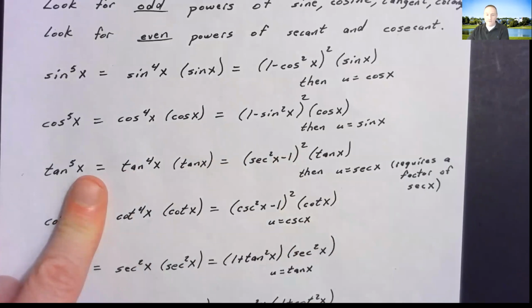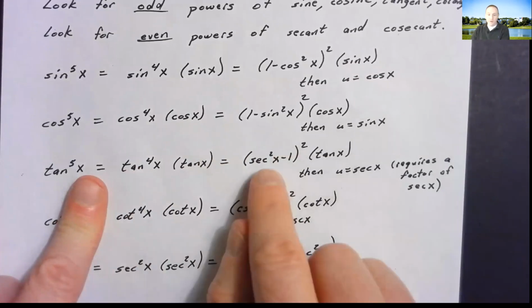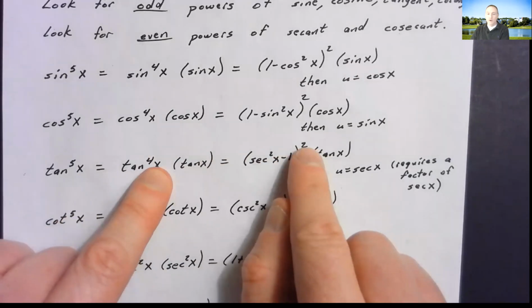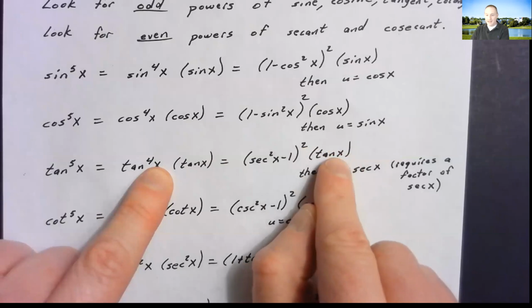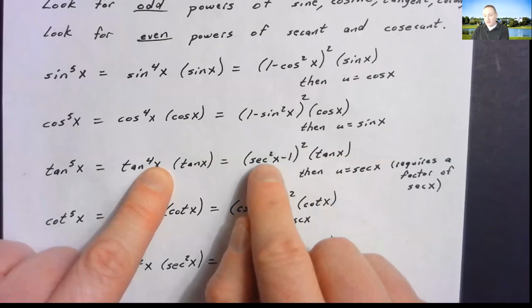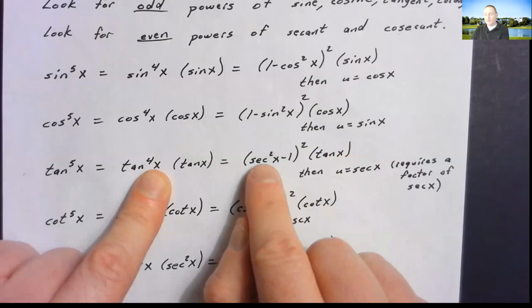So tangent to the fourth is secant squared x minus 1 quantity squared, and then I have my remaining tangent left over. What I would do with this is let u equal the secant of x, and the derivative of u would have to be secant x tangent x.